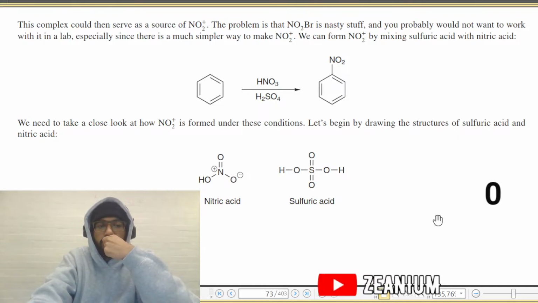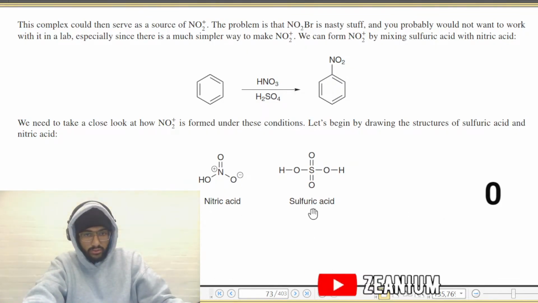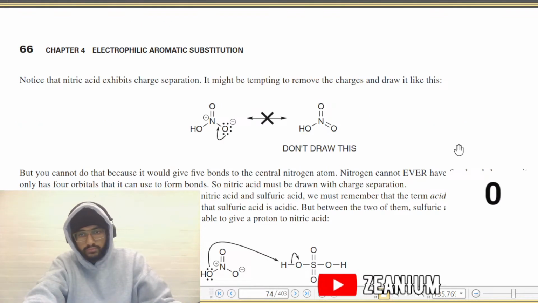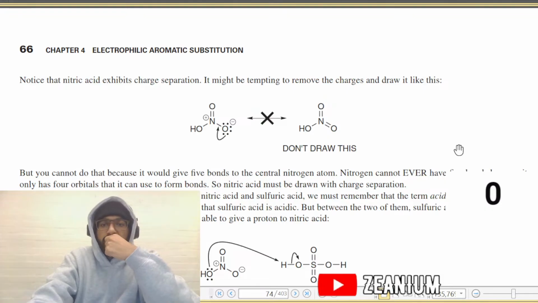Let's begin by drawing the structures of sulfuric acid and nitric acid. Okay, that's the structure of both. Fine. Notice that the nitric acid exhibits charge separation. It might be tempting to remove the charges and draw it like this.